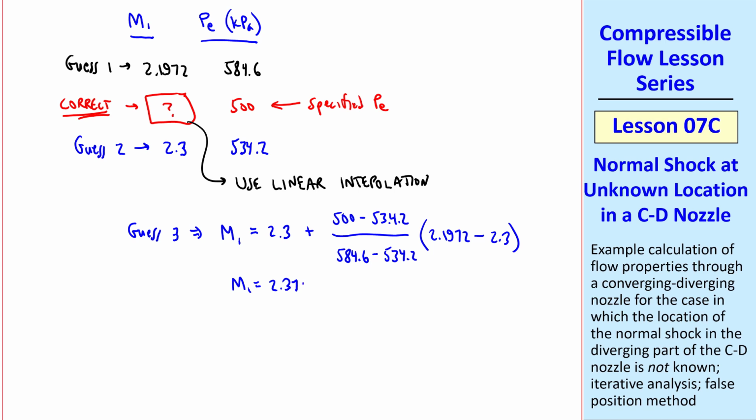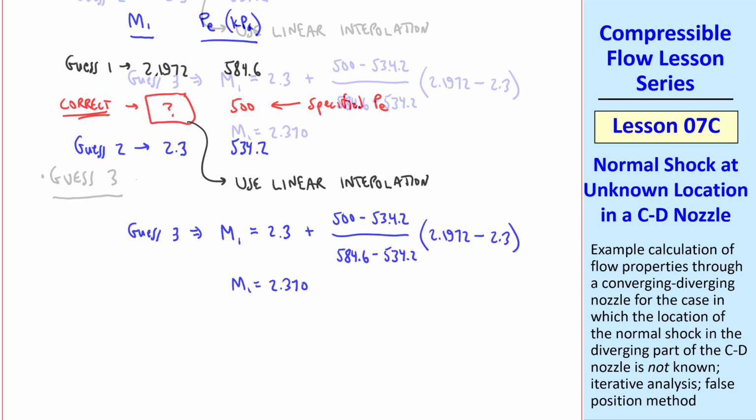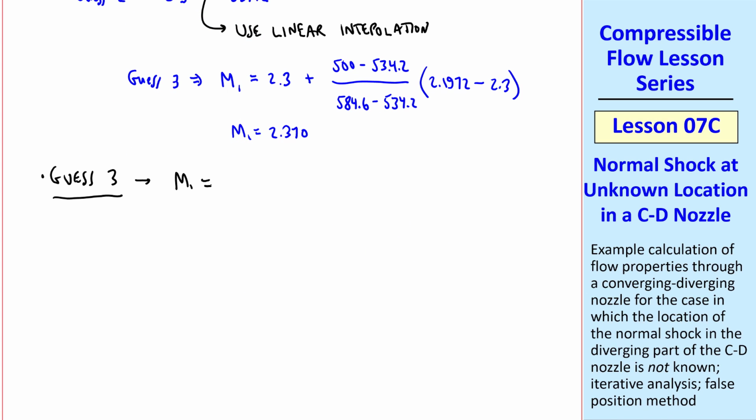We get 2.370 to 4 digits. So for guess 3, we'll set M1 to this linearly interpolated value and go through the calculations again. We get PE equal 500.4 kPa, which is very close to our required value of 500.